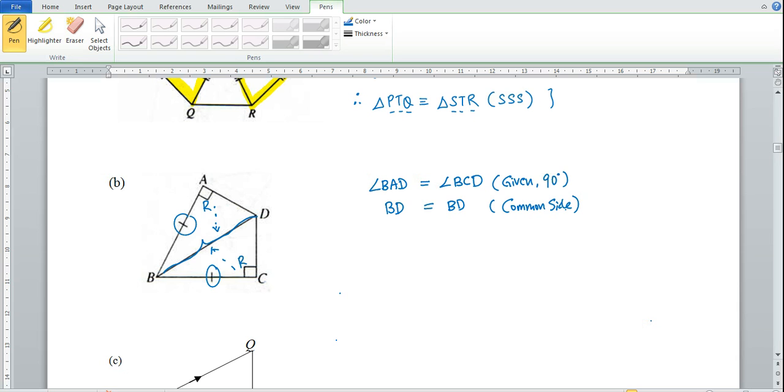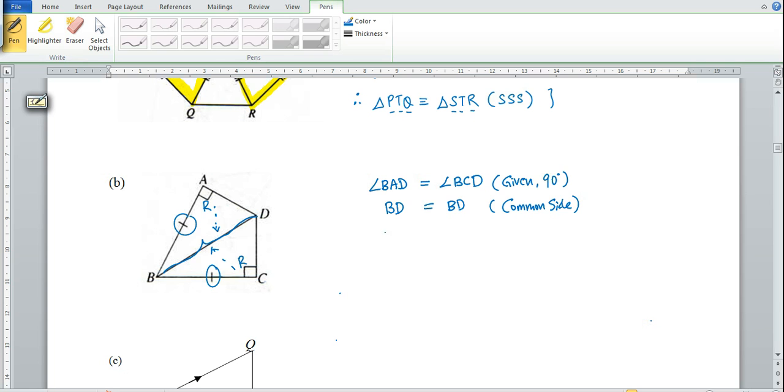So it's not exactly given with strokes to say that they're equal, but because they're common, we can deduce that they're equal, so we give the reason common side. So not everything is given, okay?